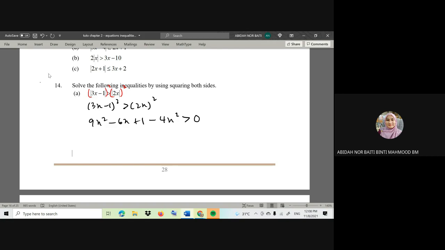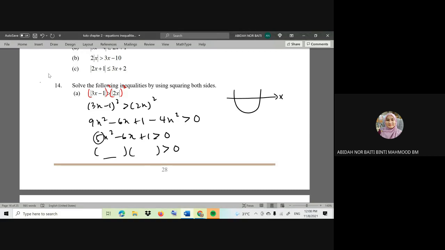So we simplify here and get 5x squared minus 6x plus 1. This is quadratic inequalities. Factorize. Your A is positive. For quadratic inequalities we use the graphical method. A is positive, so it opens upward.